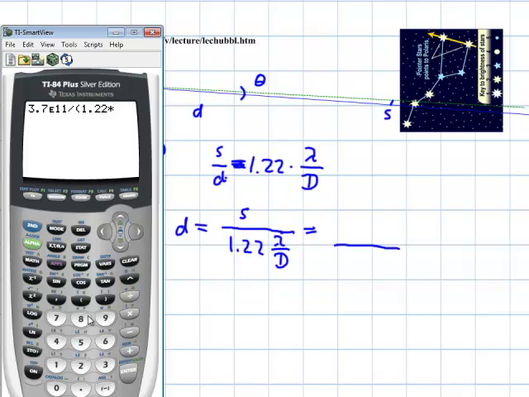So 1.22 times the wavelength, and that's the 550 nanometers? Yeah, 550 nanometers.